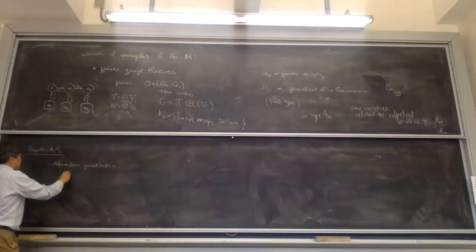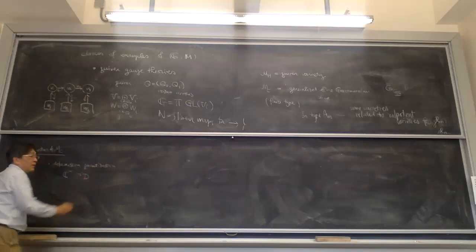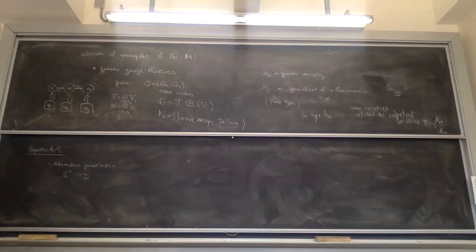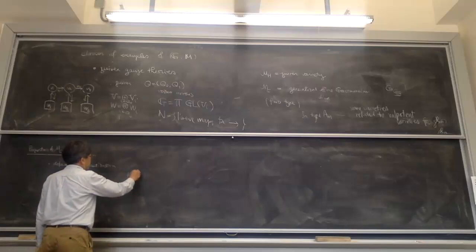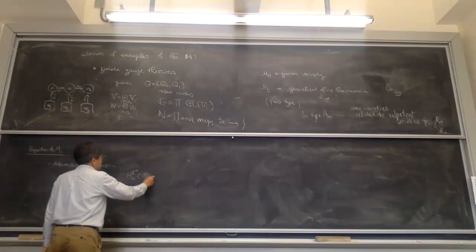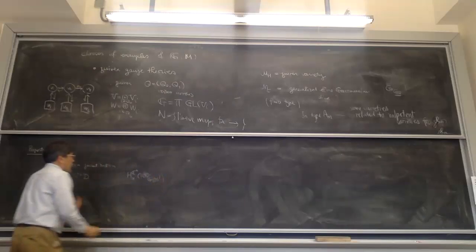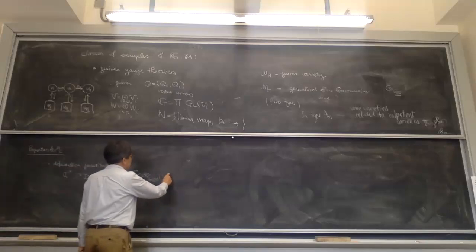You have a C-star action on the formal disk by rotation. Then you can consider equivariant Borel-Moore homology, and this still has a convolution product.